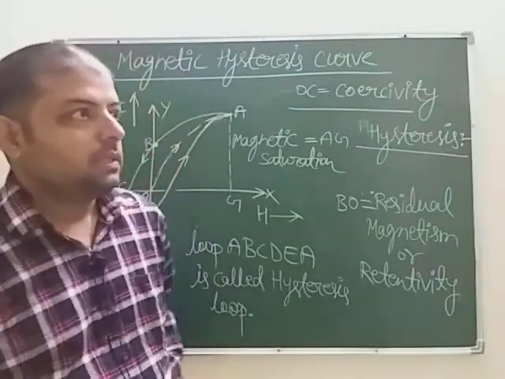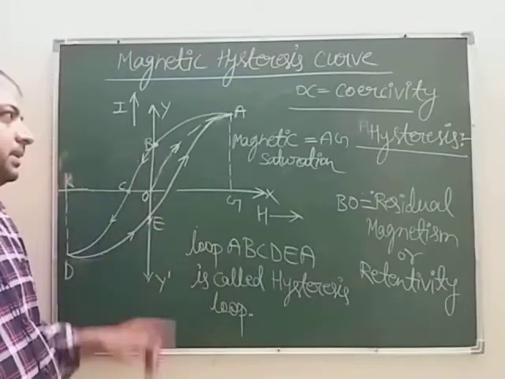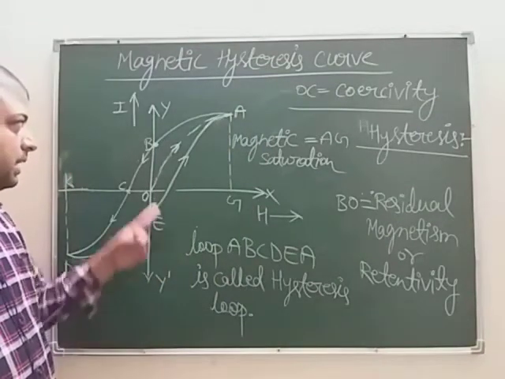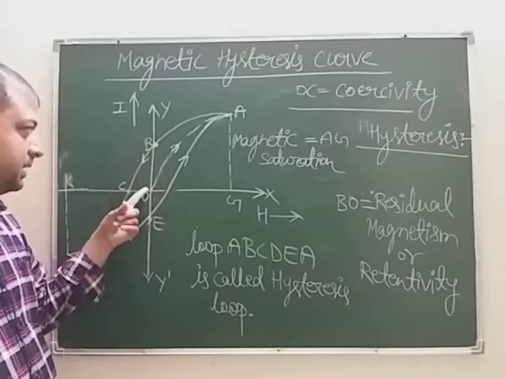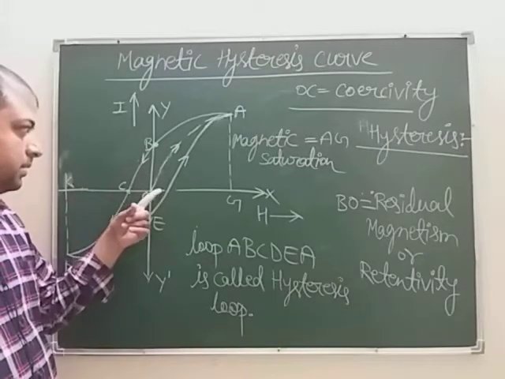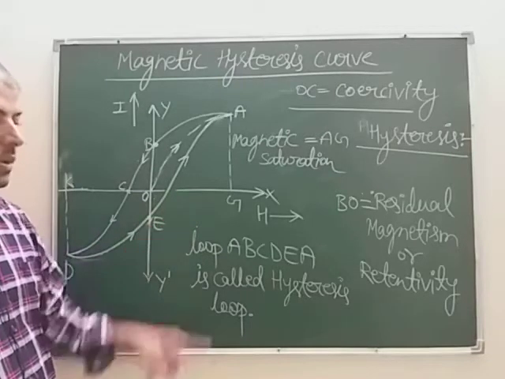Hysteresis: the lagging behind. Write down: the lagging behind of intensity of magnetization by the magnetizing field is called hysteresis.